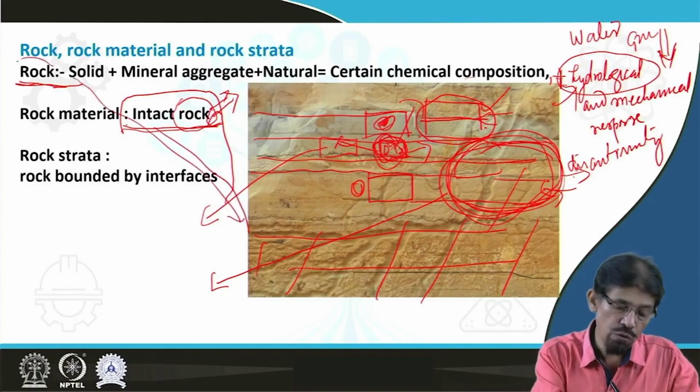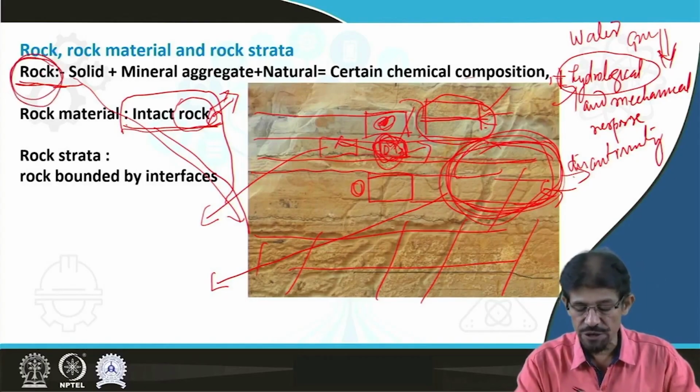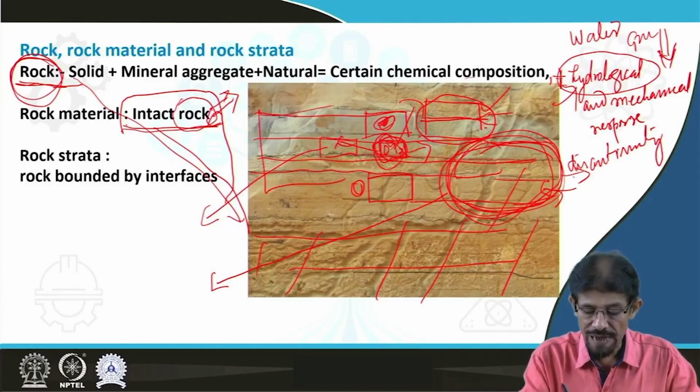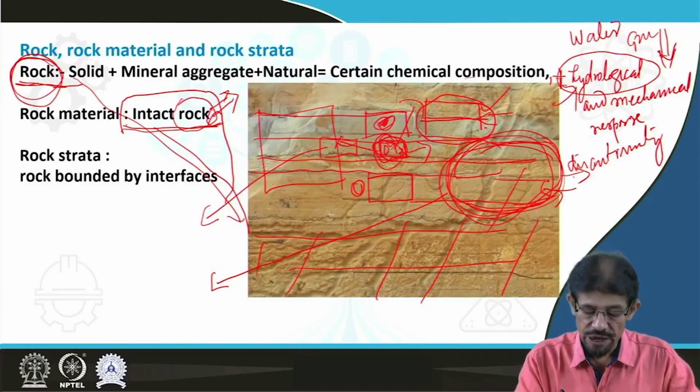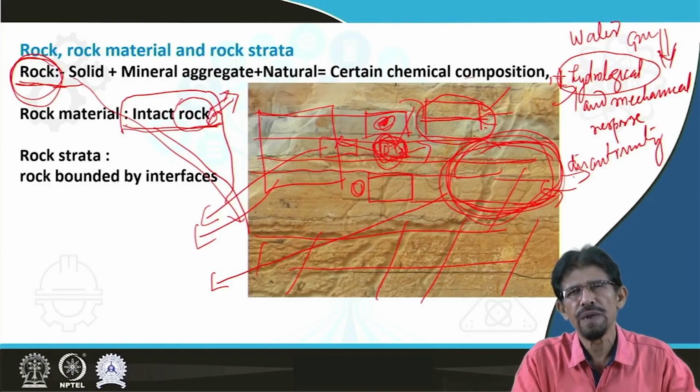If we determine the mechanical response of such a zone as a rock, which is far different than the rock, then we are going to provide errorful input, which is going to create a lot of problems in stability concerned to construction of engineering structure or estimation of the mechanical response of the ground.